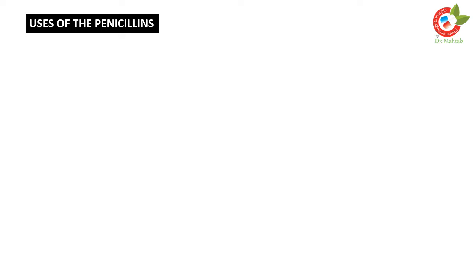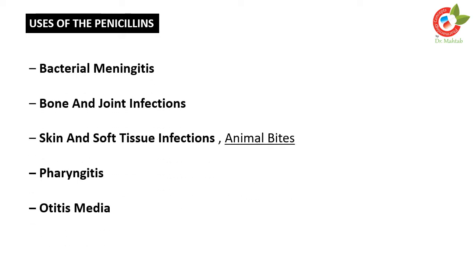So first we will see the use of penicillins. Penicillins are given orally, and in more severe infections intravenously, and often in combination with other antibiotics. In bacterial meningitis, for example, caused by Neisseria meningitidis or Streptococcus pneumoniae, benzyl penicillin is given in high dose intravenously.